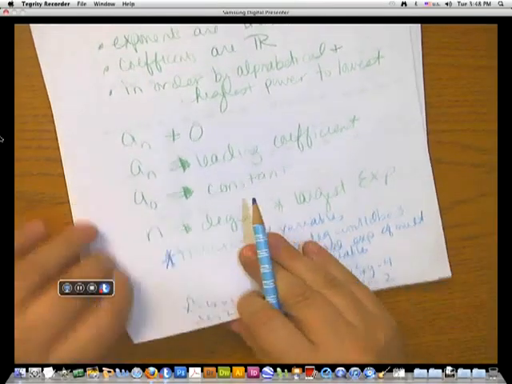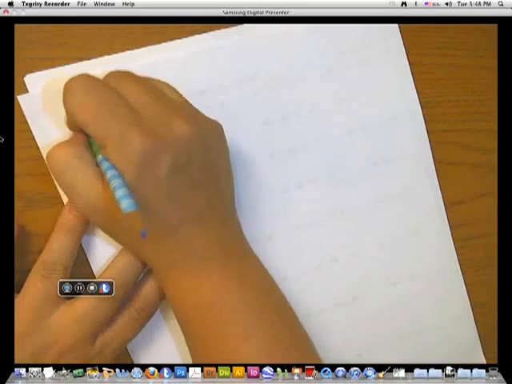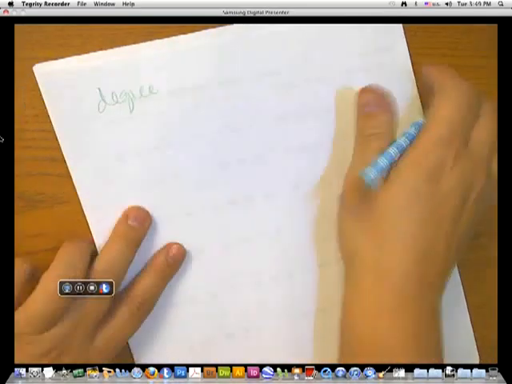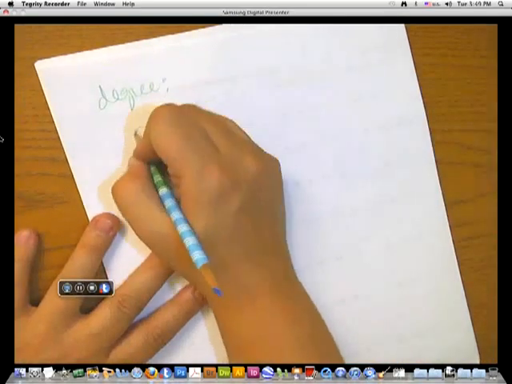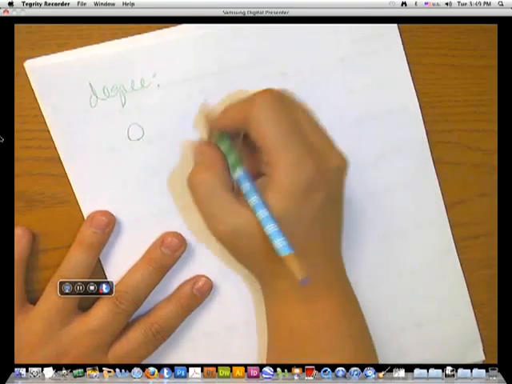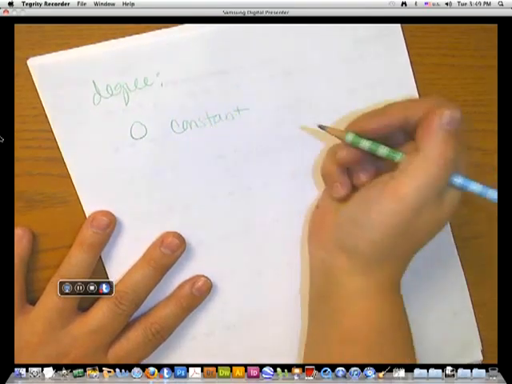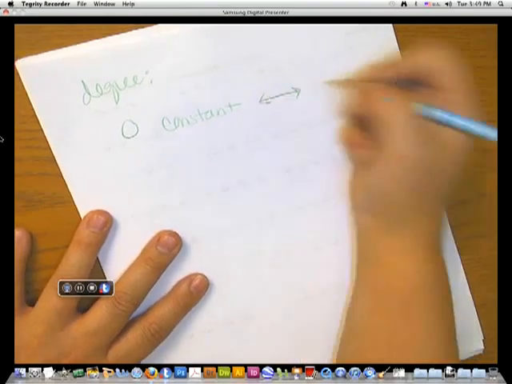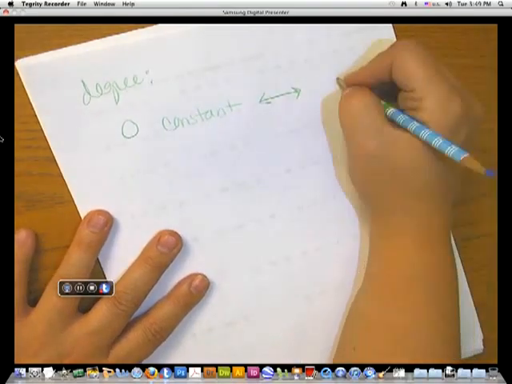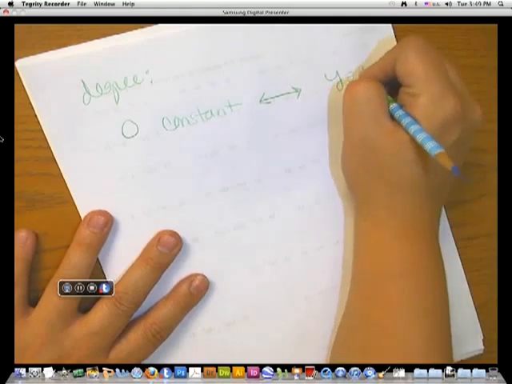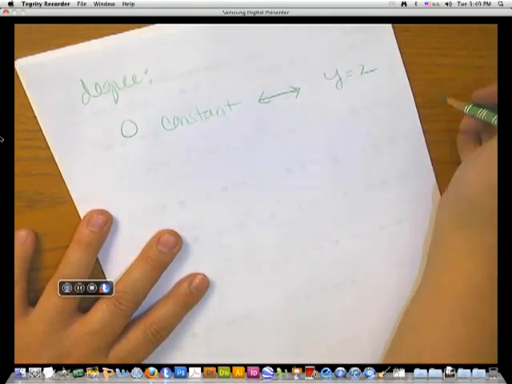All right. When we talk about the degree of a polynomial, if I have a degree of 0, we call that a constant, meaning it's a horizontal line. For example, y equals 2.